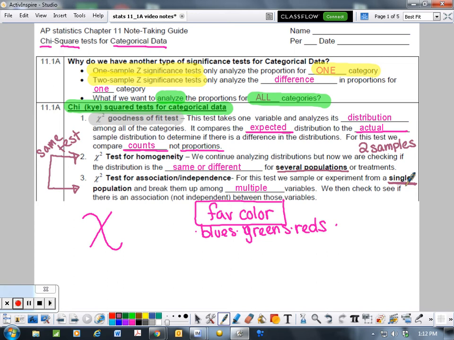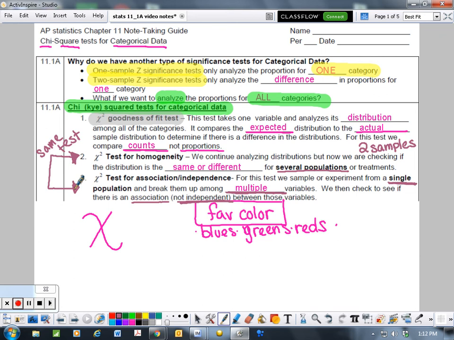Here, I ask several questions and break them up among the multiple variables, and then I see if there's an association, or if they are not independent. The way I sample is the way I can tell what type of test I have. But everything else, the checking for conditions, the statistic, the way we calculate probability, is all the same.